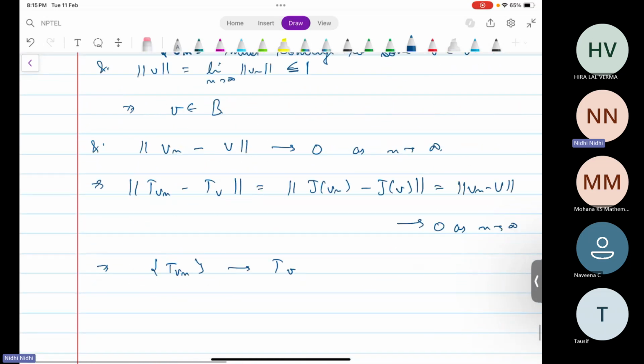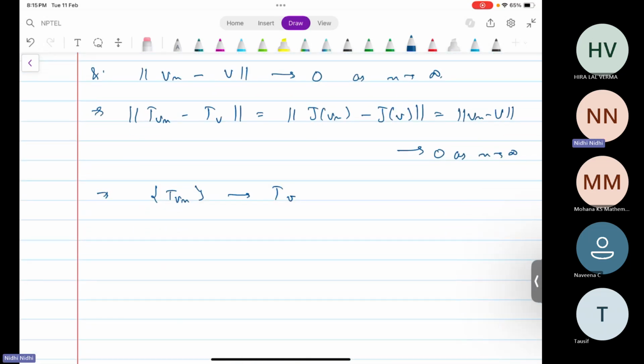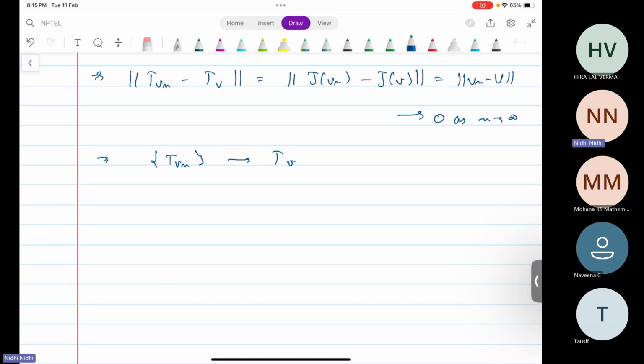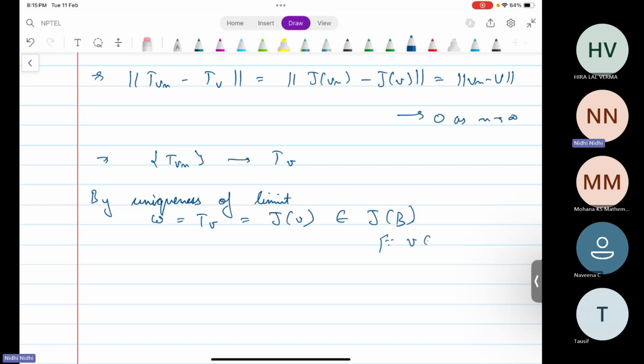So by uniqueness of limit, TV is equal to W. Now this TV is actually JV, where V belongs to B, that means this belongs to JB, because V belongs to B. Now we had taken W, an element in B star star.